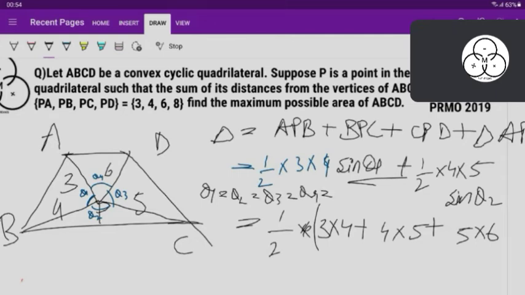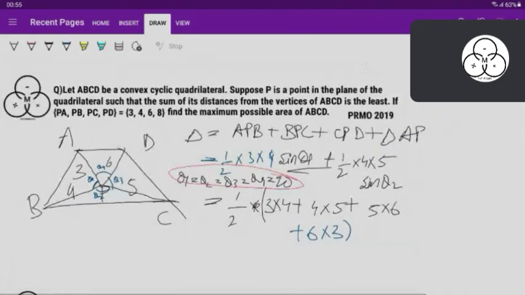We need the maximum, 90 degrees. So why should we bother about other cases? This will give us the maximum. All the cases are maximum here. 5 into 6 plus 6 into 3. And it's over. The rest is your calculation part.